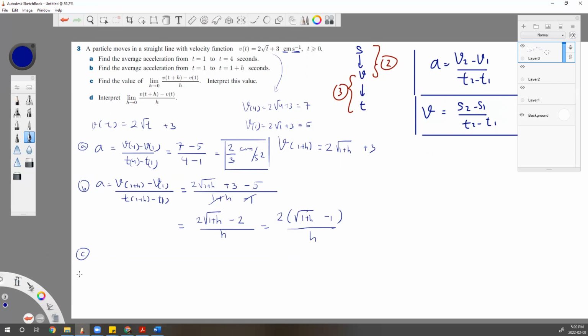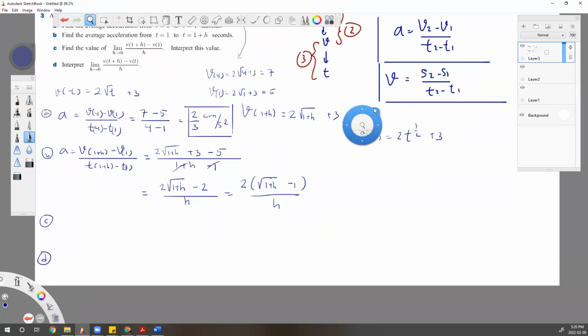Okay, but I know the answer of D. Question C is supposed to be deriving this, right? How do you derive this? Let's say V(t) equals t to the power of half plus 3. If you want to do the derivative, 2 times 1 over 2 t to the power of 1 over 2 subtract 1, so it is only t to the power of negative half.